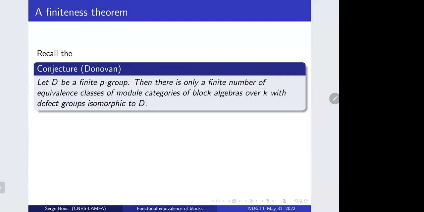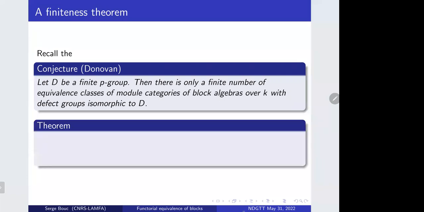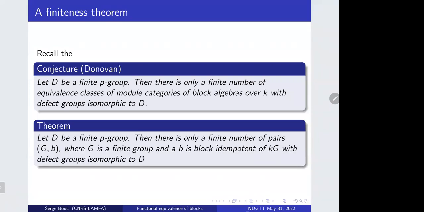So unfortunately, we don't prove this conjecture, but we prove a theorem which is inspired by the statement of this conjecture. It goes like this. Suppose D is a finite p-group, then there is only a finite number of pairs (G, B) where G is a finite group and B is a block idempotent of kG, with defect groups isomorphic to D. And of course, there is something missing in that statement, because otherwise we would prove much stronger conjectures than Donovan's.